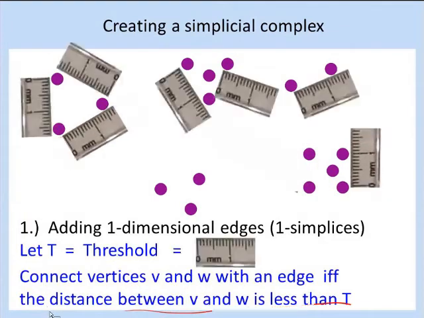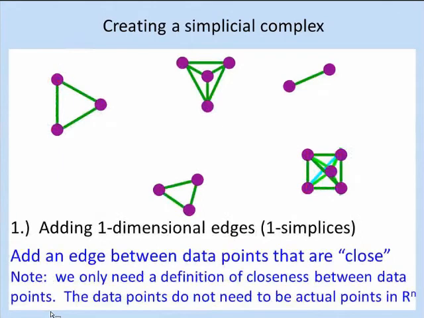In this case, I chose 1.8 centimeters. So anything where the vertices are of distance less than 1.8 centimeters, we will join them all up. So lots of things that we can join up via edges as long as their distance is less than 1.8 centimeters. So that's how we come up with the one-dimensional simplicial complex.